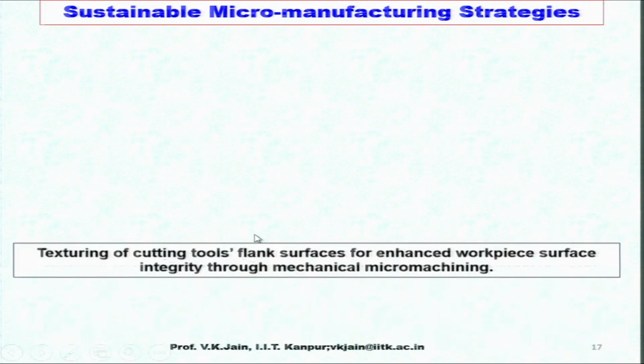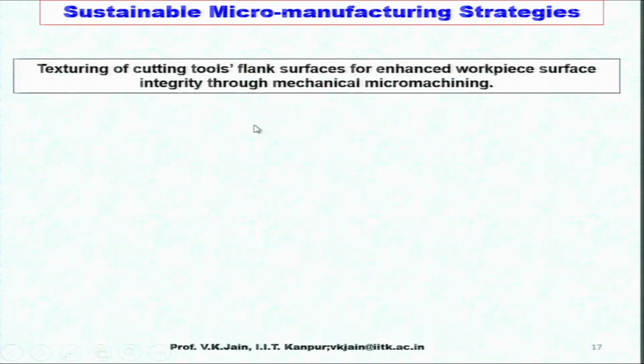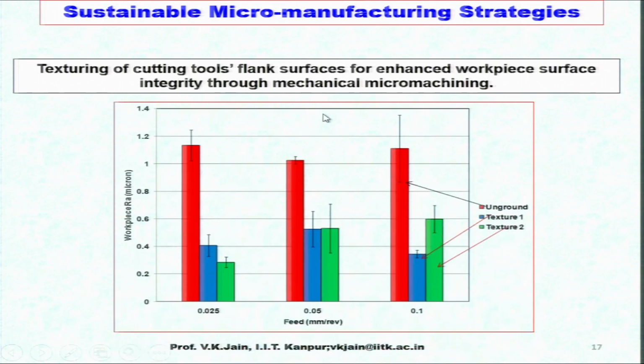Sustainable micro manufacturing strategies. Texturing of cutting tools flank surfaces for enhanced workpiece surface integrity through mechanical micro machining. You can see here, this is the workpiece Ra value, that is the surface roughness value, and this is the feed rate.